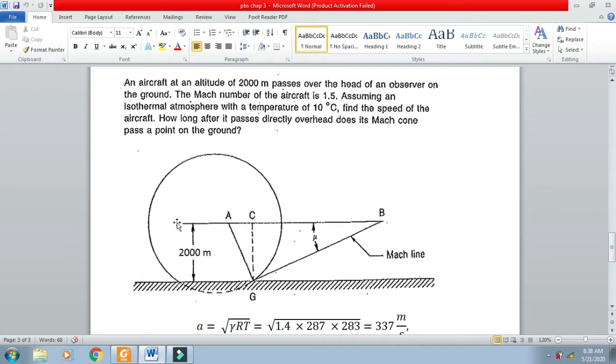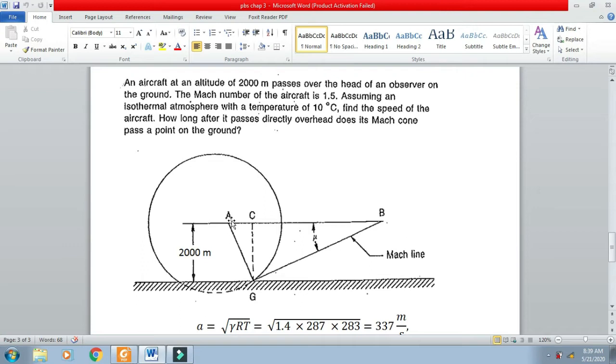Although it is continuously emitting waves, we are assuming a point A at which the wave is emitted, and finally the wavefront moves and it reaches the ground at some instant. When the wavefront from A reaches the ground, the plane itself has moved ahead. It is at point B.